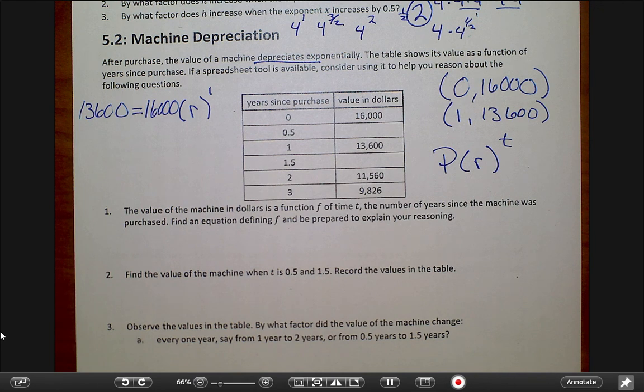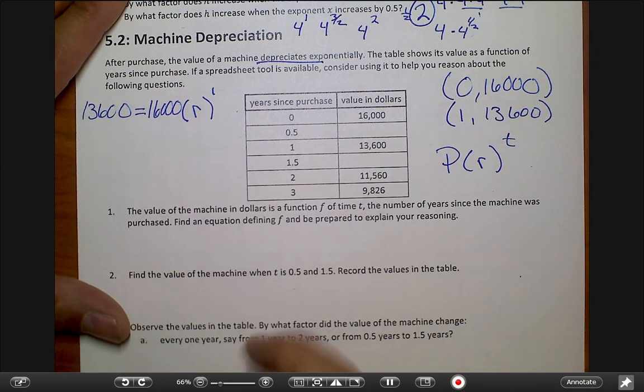Okay, I would like for you people right now to solve for R. Okay, let's see.